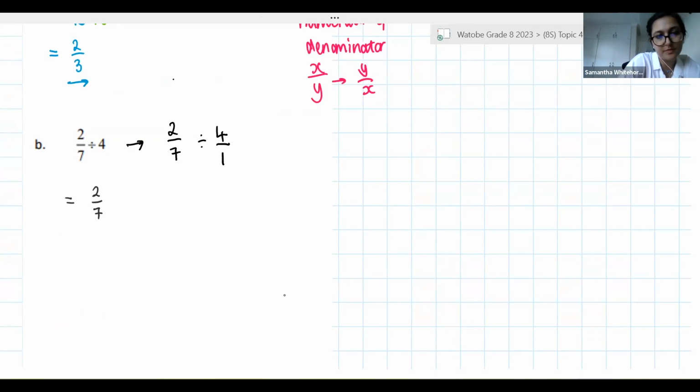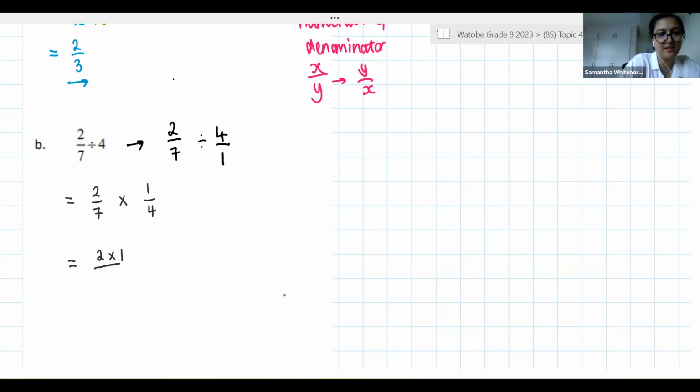Good. And then I changed 4 over 1 to 1 over 4. Good. I changed the division sign to the multiplication sign. Excellent. And then I multiplied 2 with 1, ma'am.